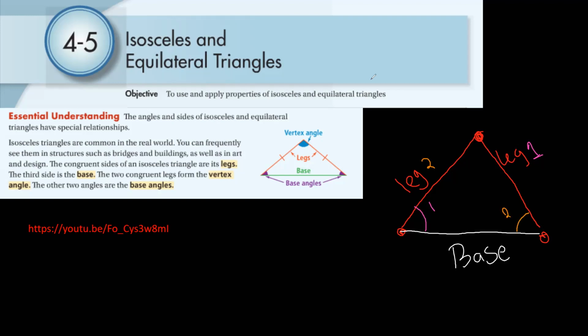So angle 1 and angle 2, we will name base angles. Why do we name them base angles? Because they are on the base. And the angle that's included between the two congruent sides, between the two legs, we name the vertex angle.